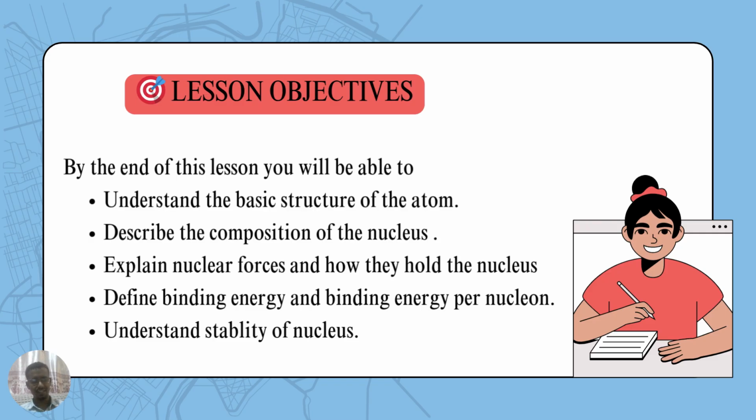Define the binding energy and the binding energy per nucleon. We will discover what binding energy and binding energy per nucleon are and how they play a role in stability of the nucleus. Also, we will understand stability of the nucleus. So don't forget to stay with me up to the end of this lesson.